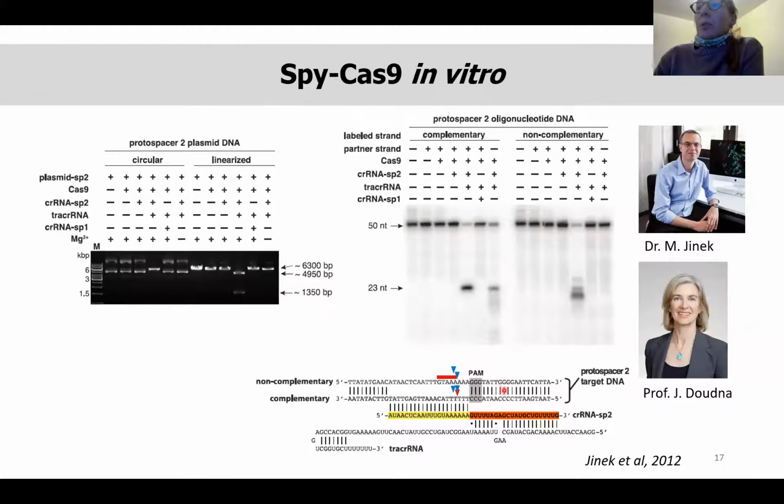Here also there is a double-stranded DNA target, the guide, and the cleavage product of the Cas9 protein, which is not that clear on the gel, but from sequencing data it is more clear.